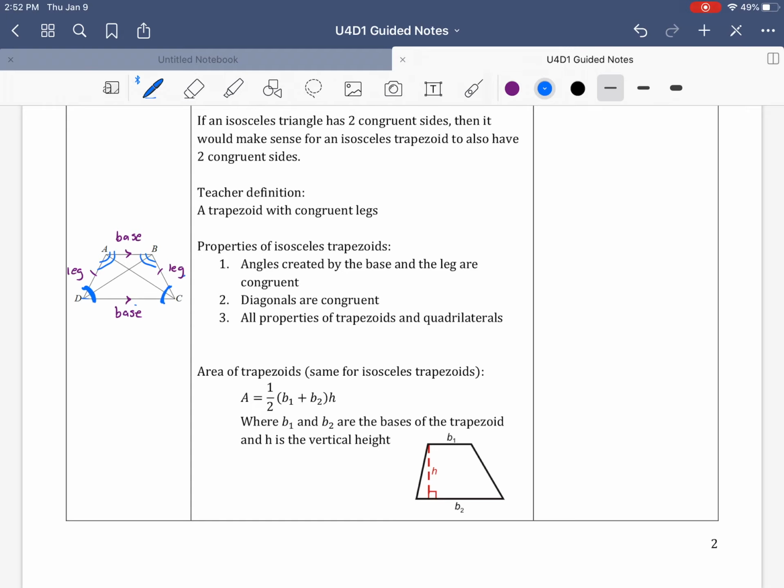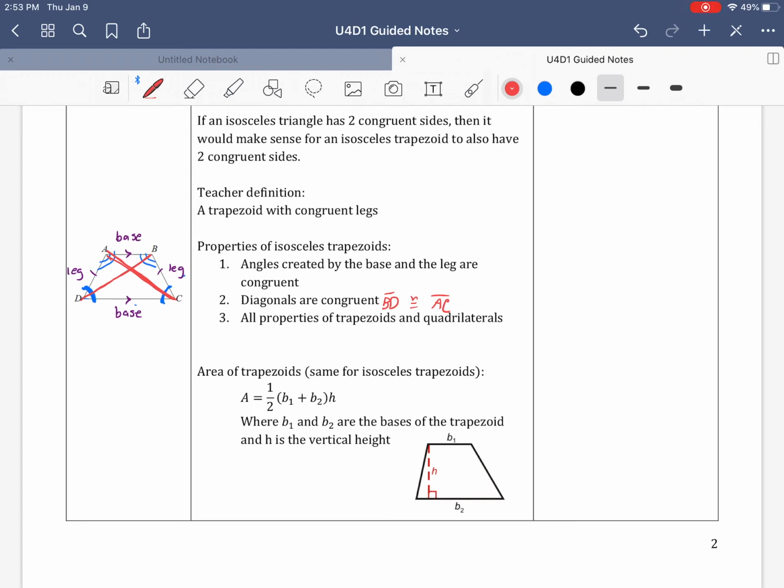The second property is that your diagonals are congruent. That means our diagonal BD is congruent to our diagonal AC. The length of those diagonals are the same.